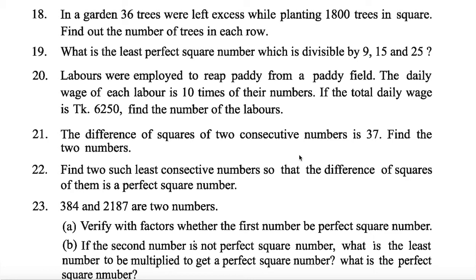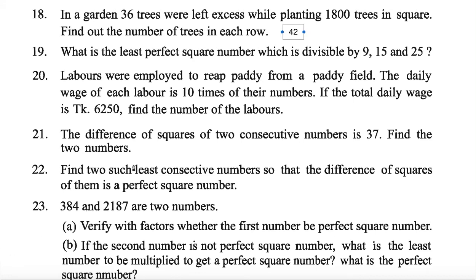You have to remove 36 from 1800, that is 1764. The square root of 1764 is nothing but 42. So the answer is 42. I can anyway give you the answer, but how you will get 42 from 1764, that is your headache.